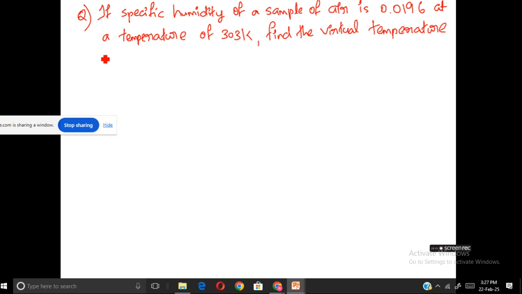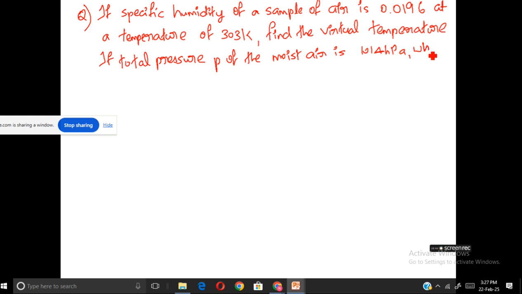Find the virtual temperature if the total pressure P of the moisture is 1014 hectopascal. What is its density?